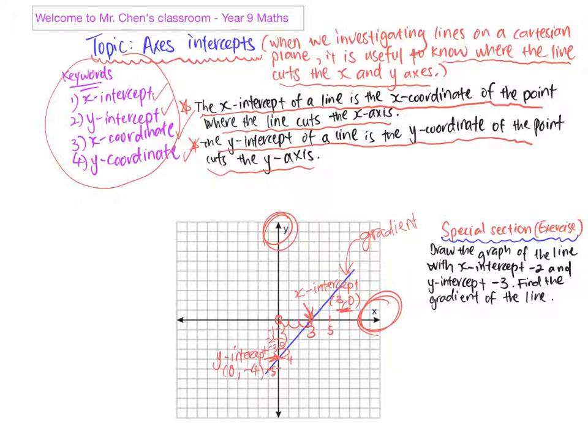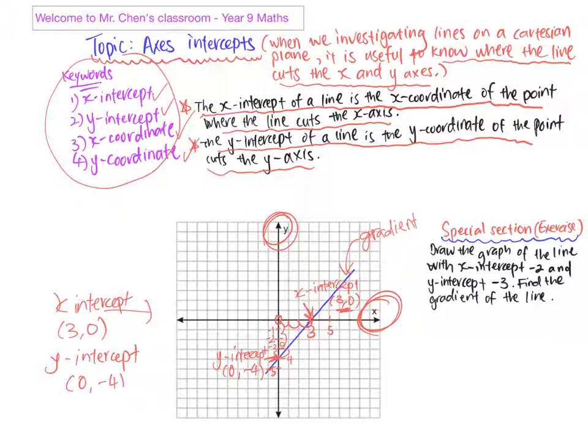So the x-intercept in this graph has coordinates 3 and 0, and the y-intercept is 0 and -4. Remember, x and y intercepts are bound to have a 0 in them.